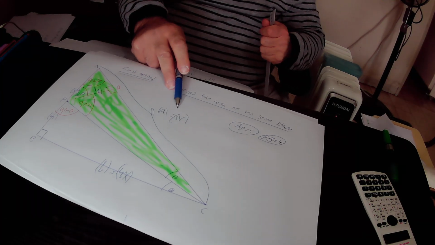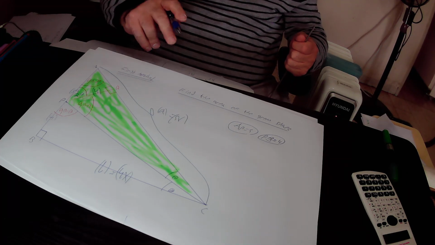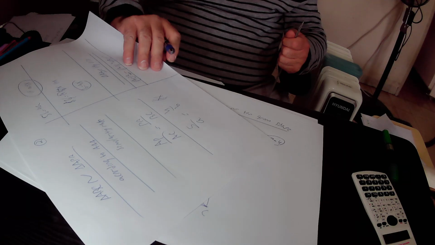AC equals 5x, and therefore AC squared equals 5x squared, that is 25x squared.